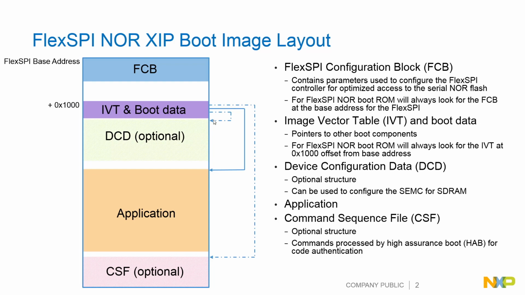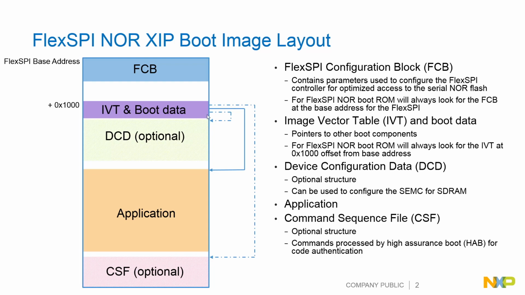Then your IVT can have pointers to optional components such as your DCD. This is a device configuration data structure. This is optional, and you can use it for configuring SDRAM interfaces over the SEMC controller on RT devices.